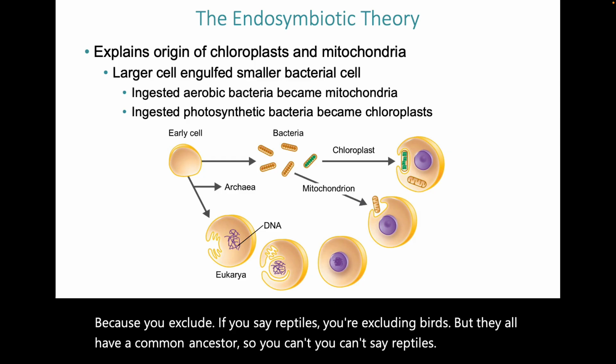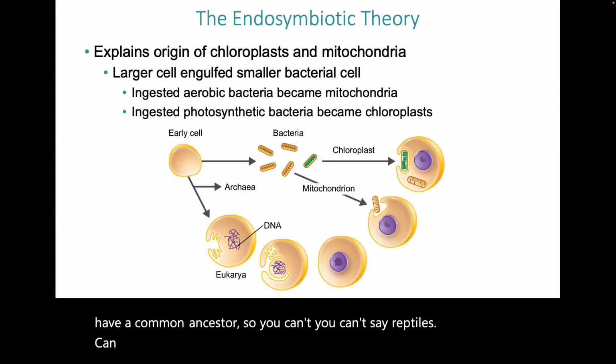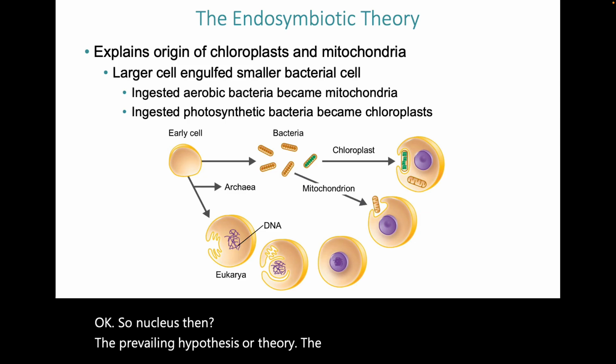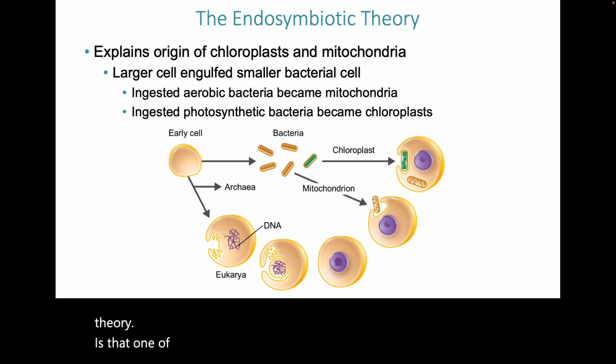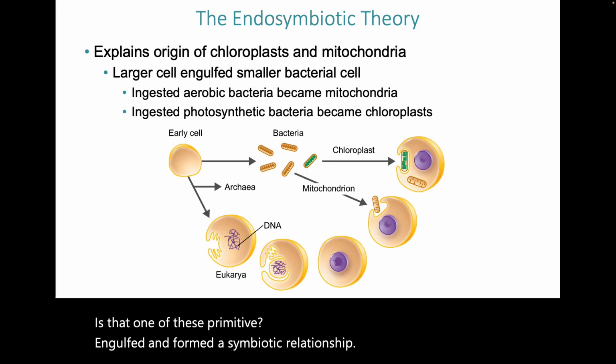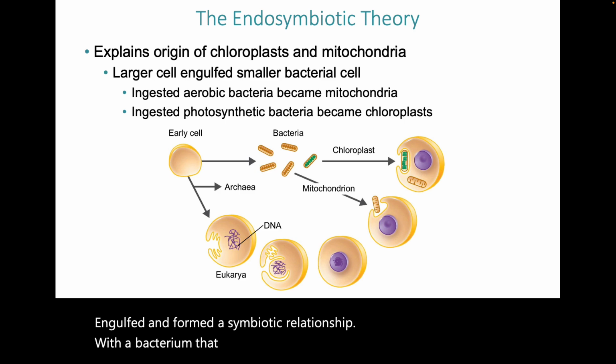Okay, so nucleus. Then, the prevailing theory, because this is a theory, is that one of these primitive eukaryotes engulfed and formed a symbiotic relationship with a bacterium that was capable of doing aerobic respiration.